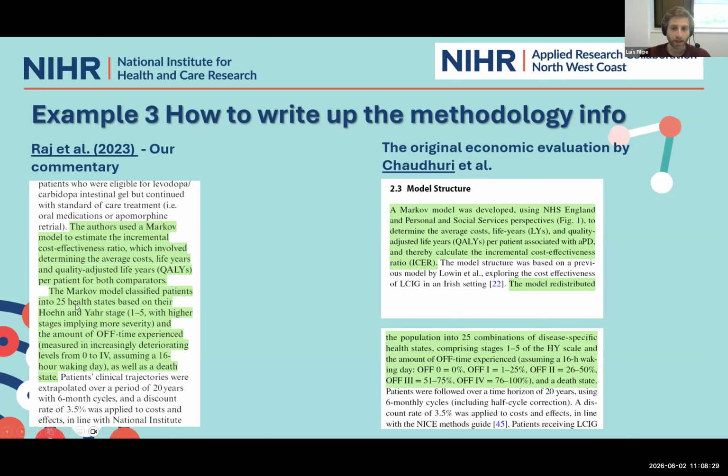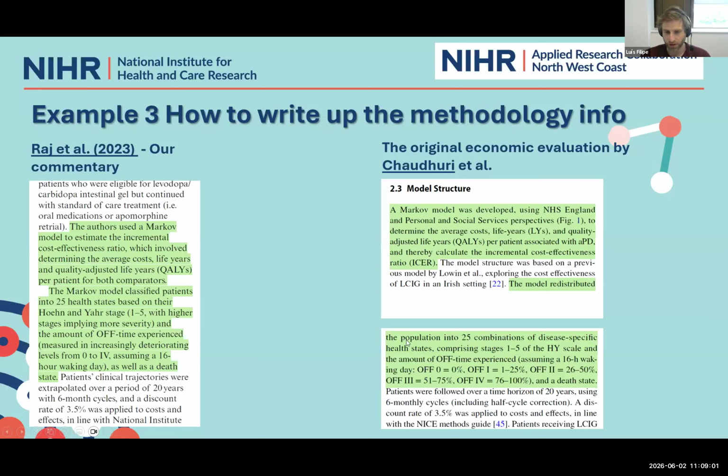Okay. Then in terms of characterizing the Markov model, we did our summary saying that the Markov model classified patients into 25 health states based on the Hoehn and Yahr stage, so the HY stage, which could go from 1 to 5, with higher stage implying more severity, and the amount of off time experienced, measured in increasingly deteriorating levels from 0 to 4, assuming a 16-hour waking day, as well as a death state.